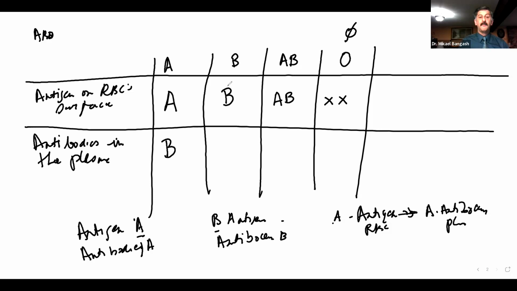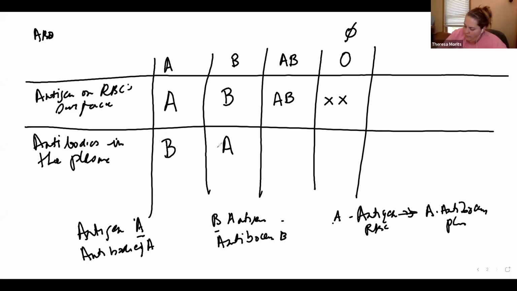Where did we find that? On the surface of the red blood cells. But the type of antibody that he or she will have in the plasma is going to be the A antibody. Did you guys get that?